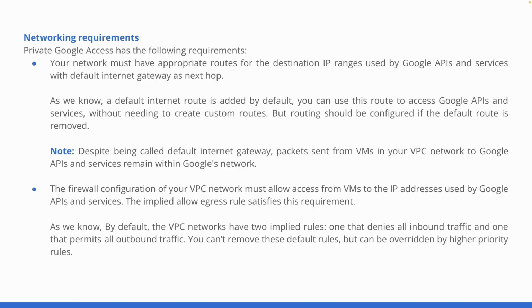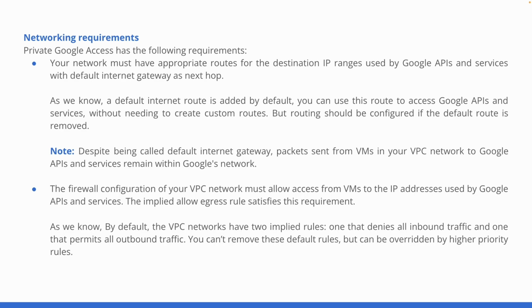Now let's discuss the networking requirements for private Google Access. The first requirement is that your network must have appropriate routes for the destination IP ranges used by these Google APIs and services. As we know, a default internet route is added when you create a VPC network, so you don't need to add an extra route for that, but you need routing if you have removed or deleted the default internet gateway route.